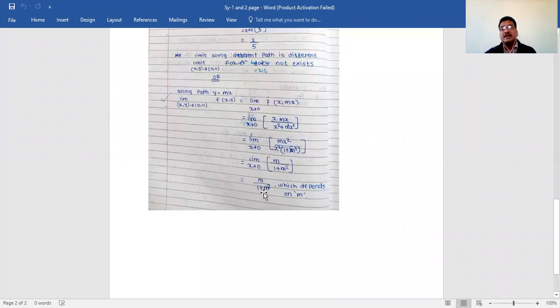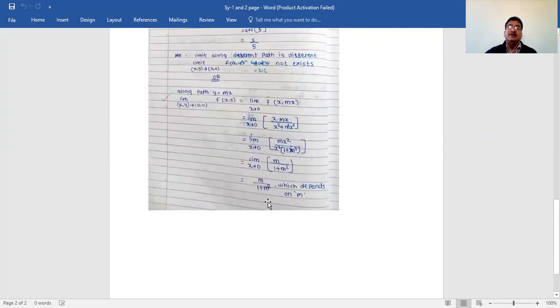If the answer does not depend on m, then we cannot say that the limit along different paths is different, because if we change m, the answer remains the same. But here, if the answer depends on m, then if m changes, the limit along that path changes.